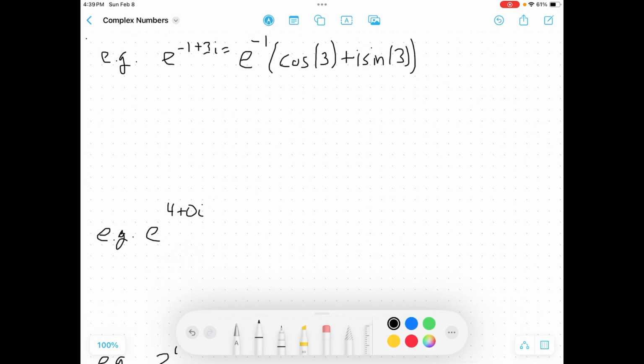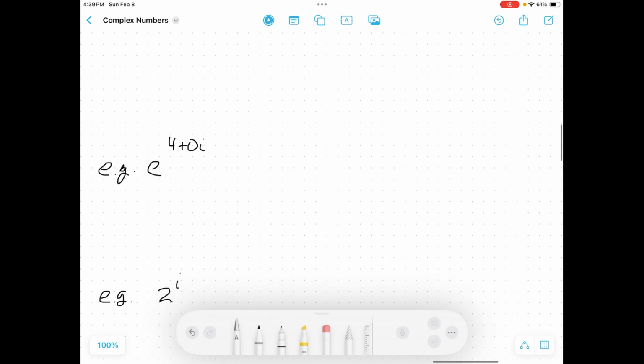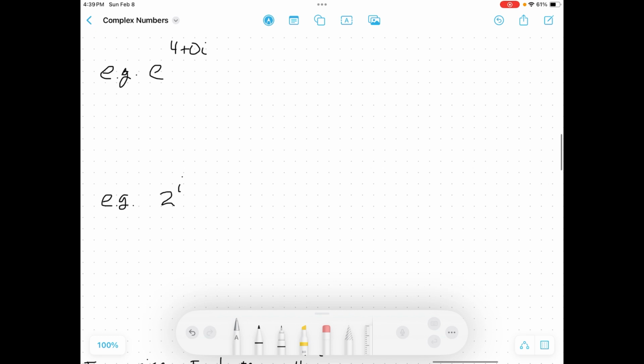How about e to the 4 plus 0i? This feels somewhat silly because this is, after all, a real number that we're raising this to. This is mostly to check that our new definition lines up with previous expectations. The formula gives us that this is e to the 4th times cosine of 0 plus i sine of 0.